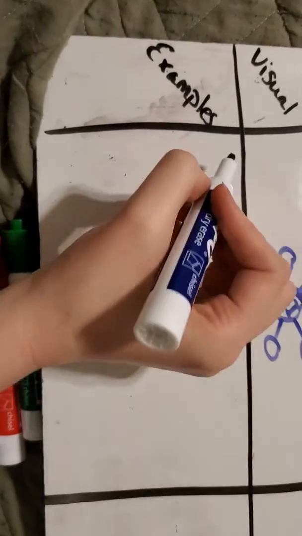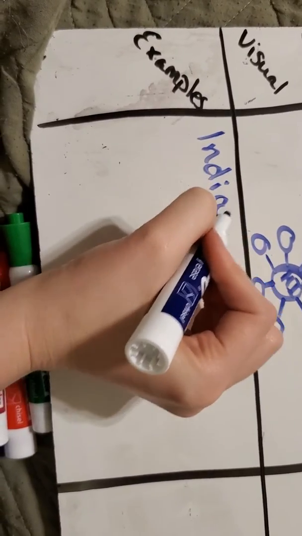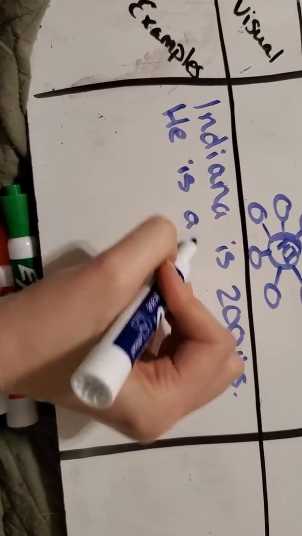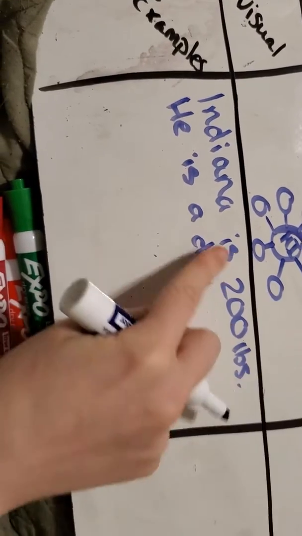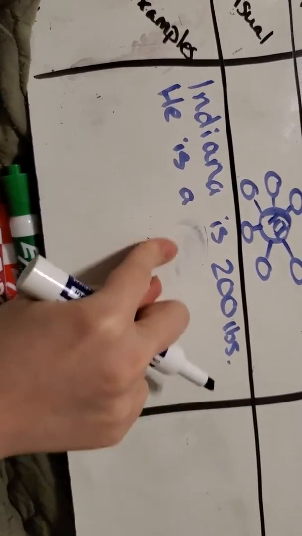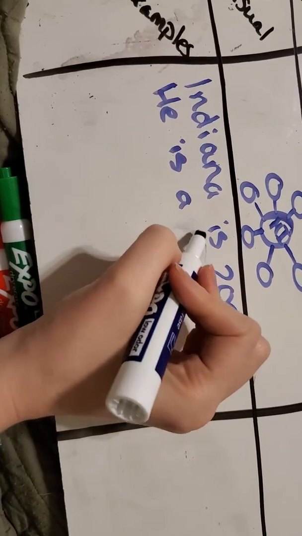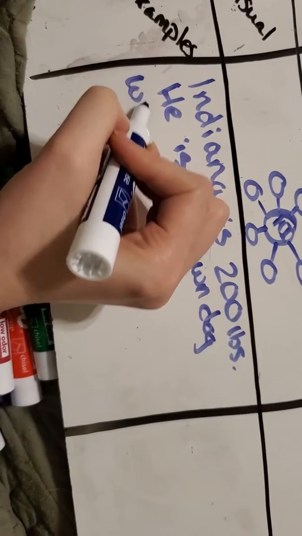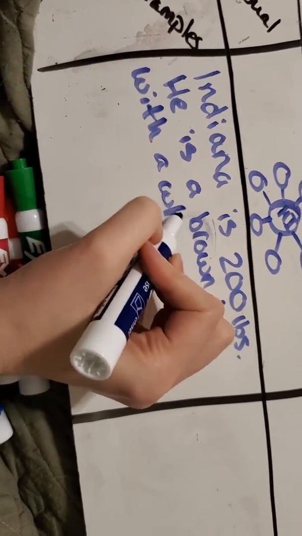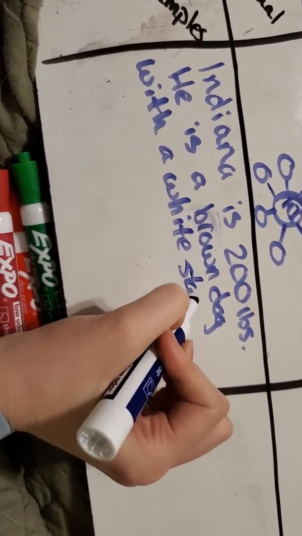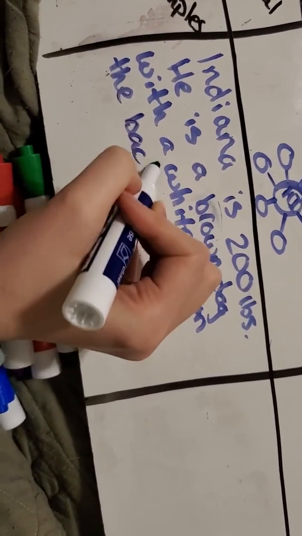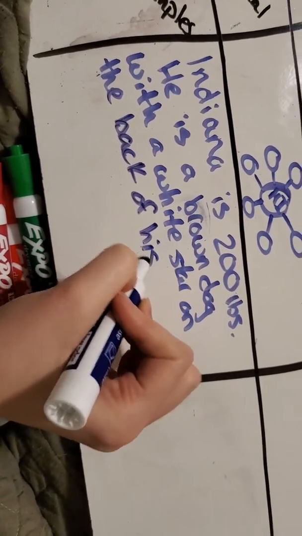So an example would be Indiana is 200 pounds. He is a dog, or let's say he is a brown dog with a white star on the back of his neck.